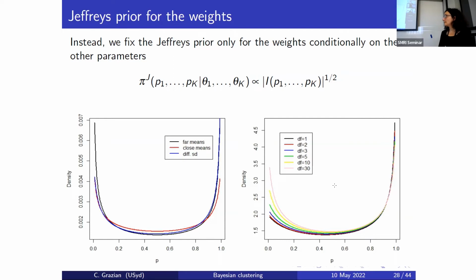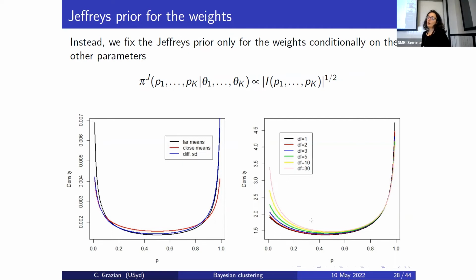It means that it's easier to estimate the parameters of mean and variance of the normal with respect to the 3 parameters of the Student t. And so the prior distribution on the weight of the normal distribution will be more concentrated around 1.